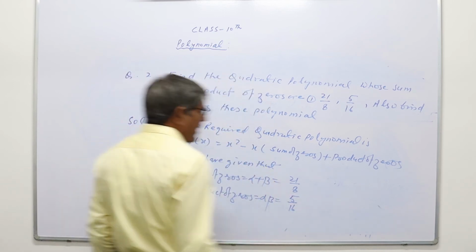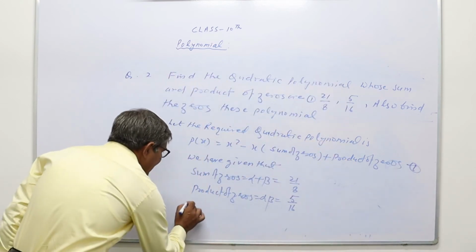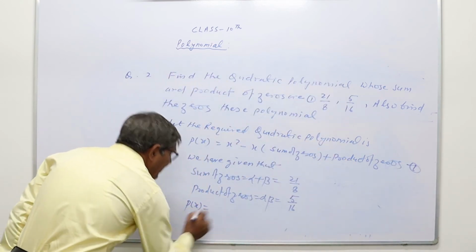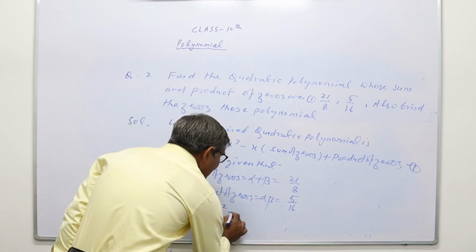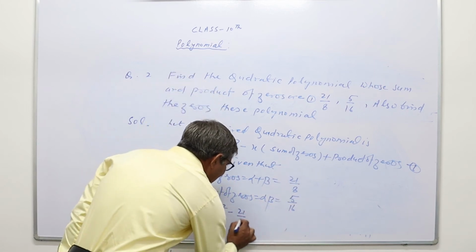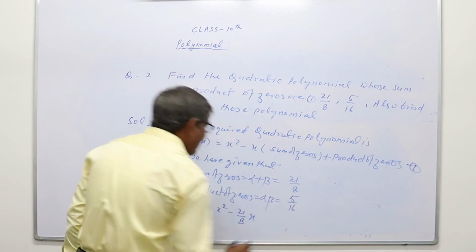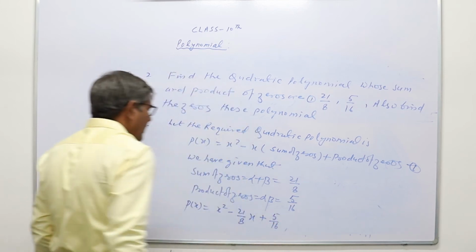So substituting these two values, the required quadratic polynomial p(x) will be equal to x square minus 21/8 x plus 5/16.